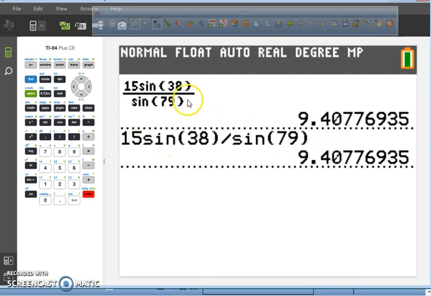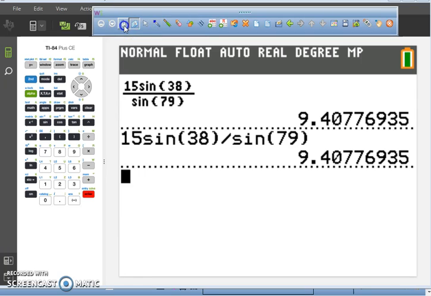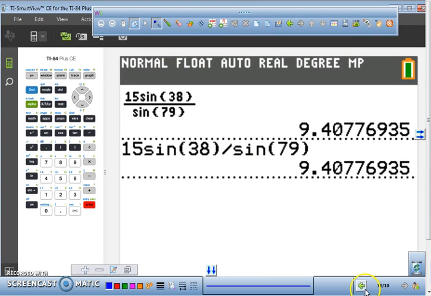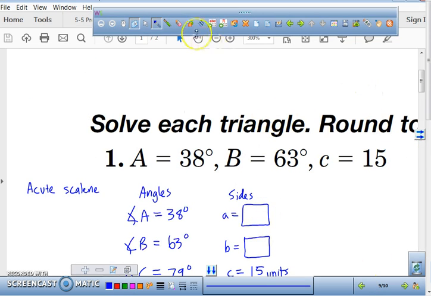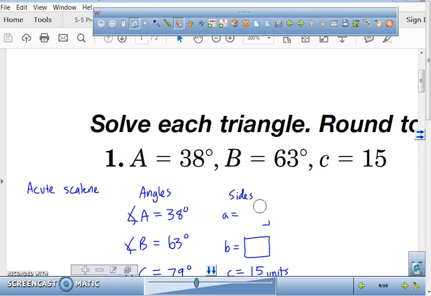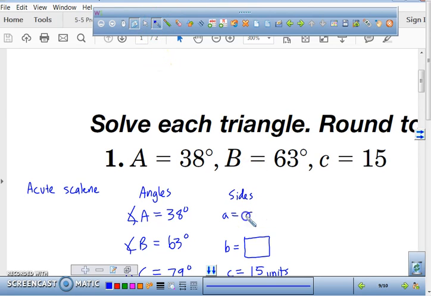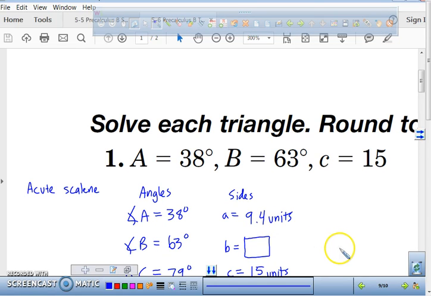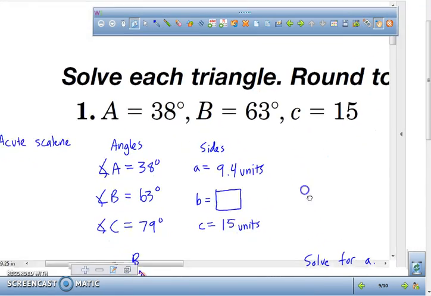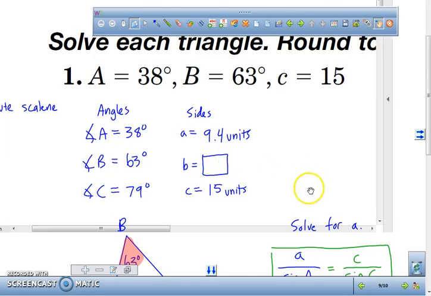But you can also use the alpha y equals button to get that little fraction mark. Okay? So right now, I'm going to go back, and for right here where it says A, I'm going to erase this, and I'm going to put in our answer of 9.4 units. And now what I'm going to do, everybody, is we're going to find the cross products for B.